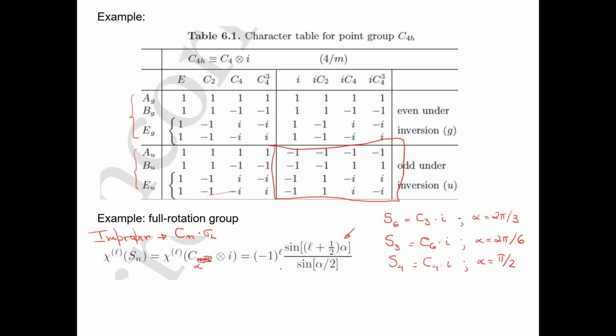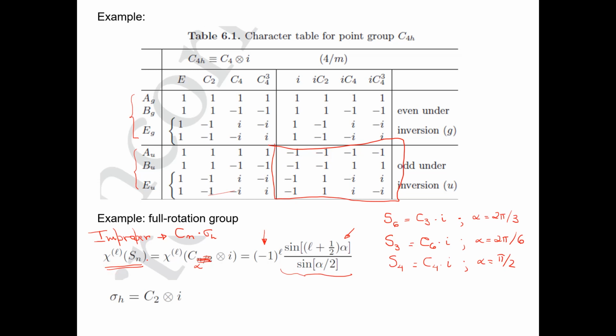This is the character for rotation that we have discussed maybe 2 lectures ago, and this is the character for inversion, and then it will depend on the value of L. If L is even, then it's even under inversion, so this is equal to 1. And if L is odd, this is odd under inversion, so this is equal to -1. So this is how you construct the character of an improper rotation.